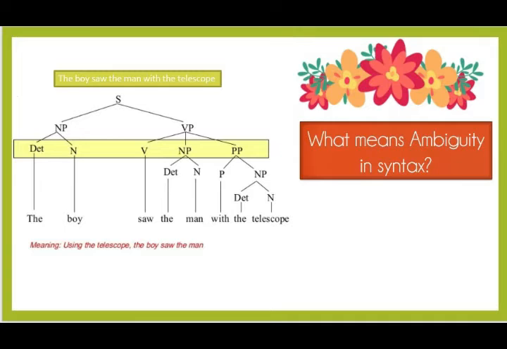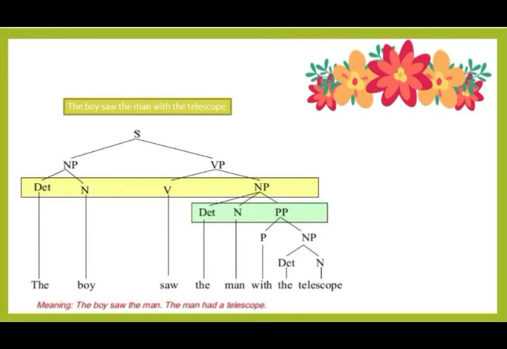Well, in its other meaning, and the second structure, the sentence says the boy saw a man who had a telescope.